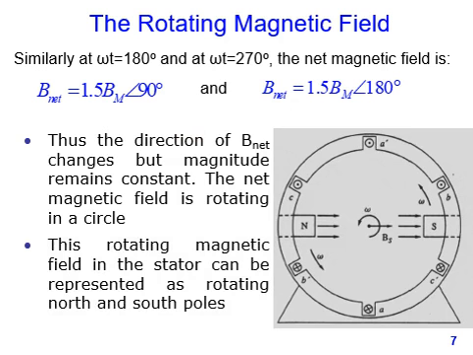So the direction of B net changes, but the magnitude remains constant, as we have seen from the previous 4 cases, and the net magnetic field is rotating in a circle. As we have seen, the angles are different. The rotating magnetic field in the stator can be represented as rotating north and south poles.